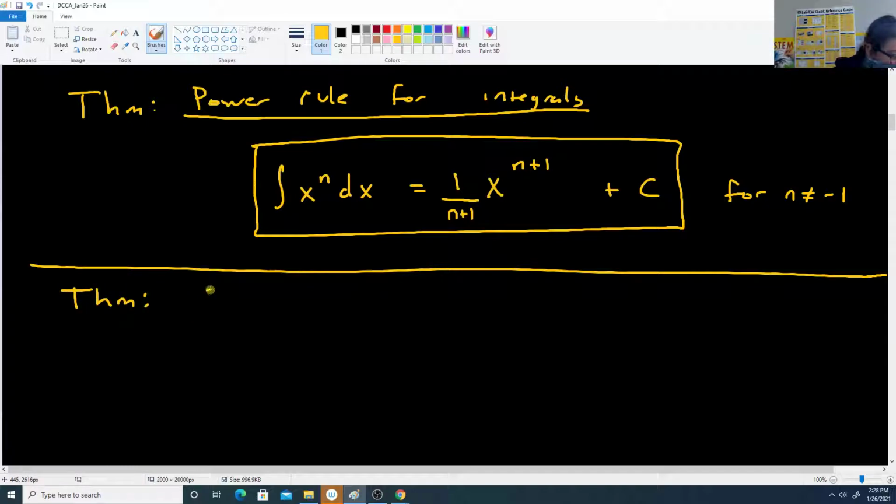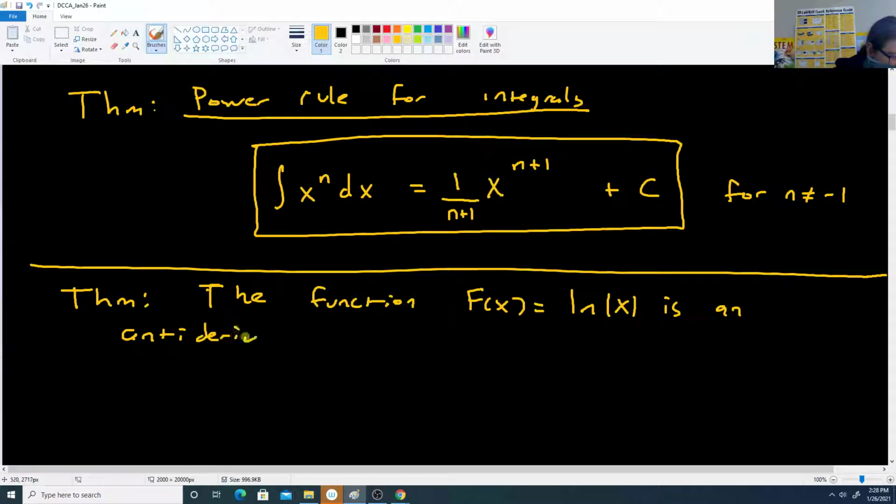So for this one, we say the function f of x equals natural log of absolute value of x is an antiderivative of y equals 1 over x in the domain set of all x such that x is not equal to 0.